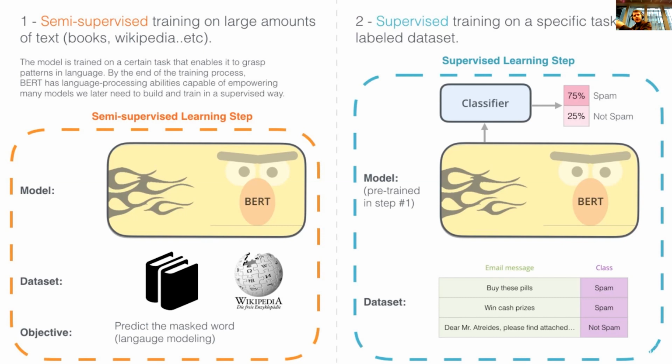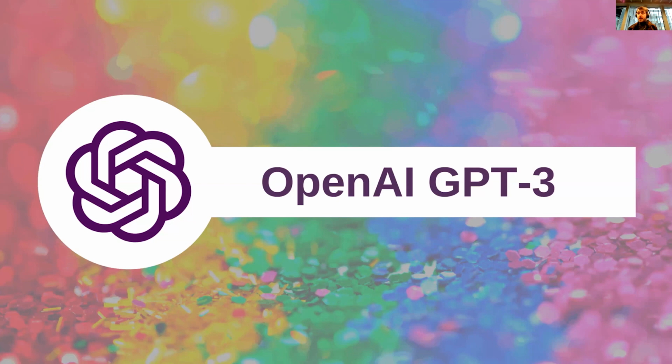It will help it do this very specific task using very small amounts of examples. It catches on really quickly because it already has this number representation that it got from a model like BERT.